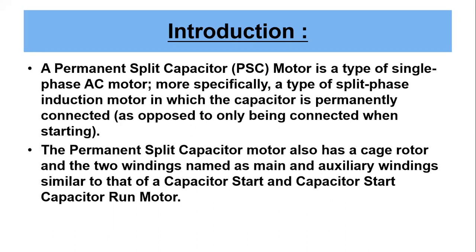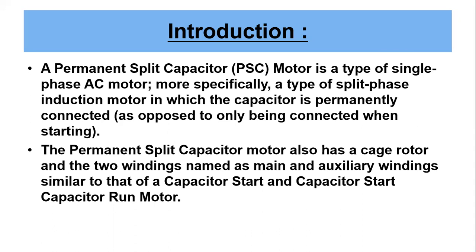A permanent split capacitor motor is a type of single phase AC motor. More specifically, a type of split phase induction motor in which the capacitor is permanently connected. That means, as opposed to only being connected when starting.